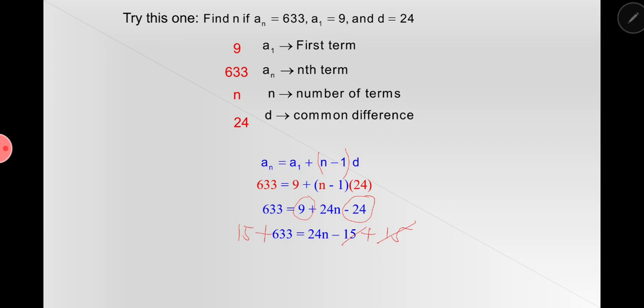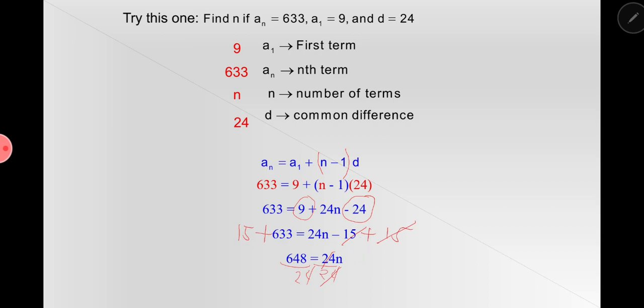So, we have 633 plus 15, we have 648. So, how will we get rid of 24? Dyan sa 24n. Since gusto natin n lang ang makuha natin. So, we divide both sides by 24. Okay? So, 24 by 24, we have n.